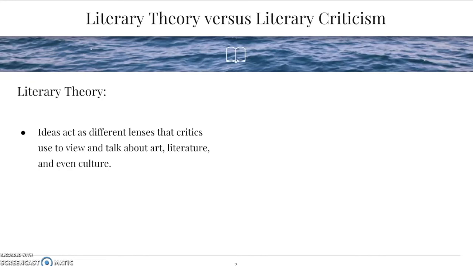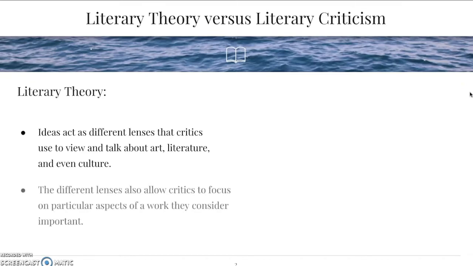So you can think of literary theory as like the noun version or the concept. The ideas that act as different lenses. And I'm going to be coming back around to this idea of different lenses. These different lenses allow critics to focus on particular aspects of the work that they consider to be important.